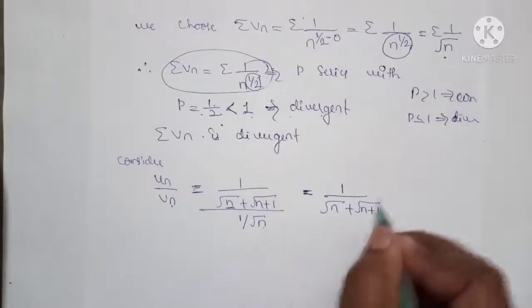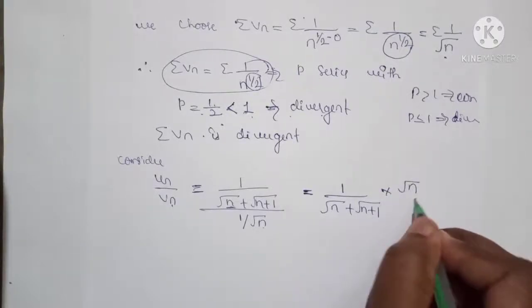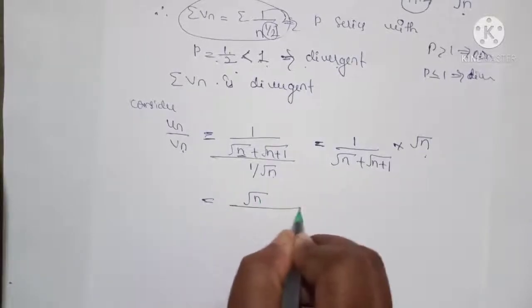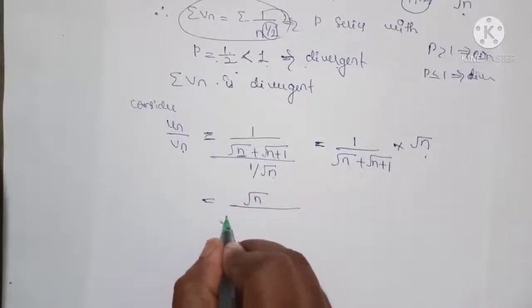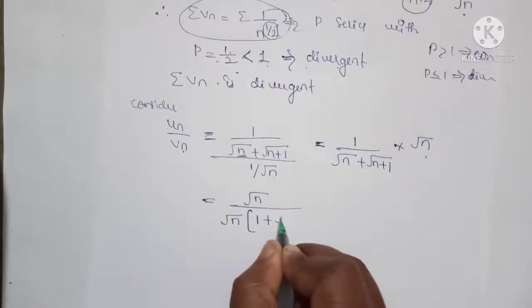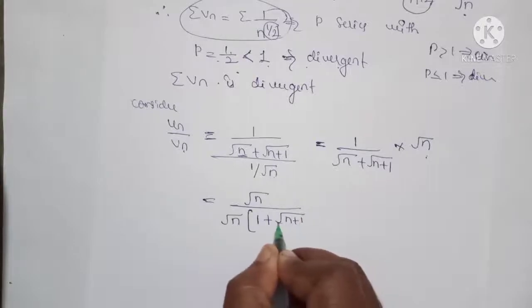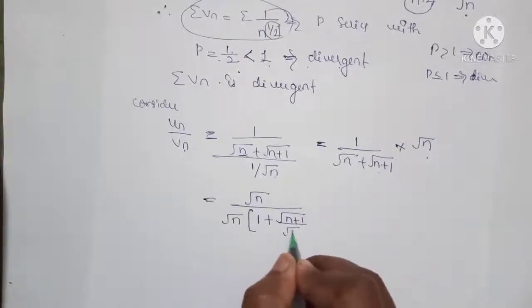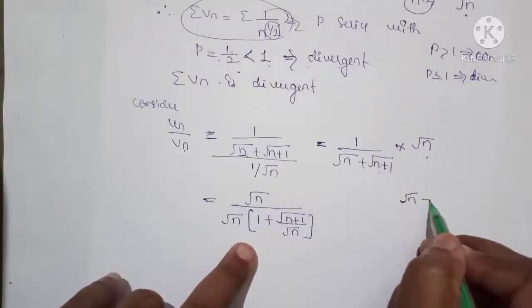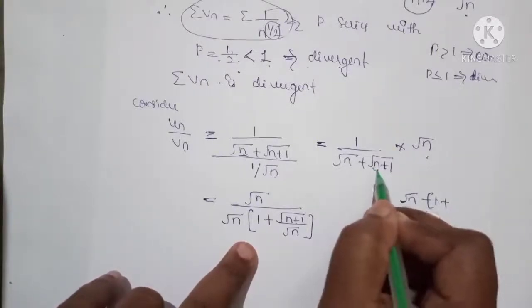Multiplying this you will get root n by 1, which is simply root n. Or it can be written as root n divided by, in the denominator we take root n common here. So then we get 1 plus root n plus 1 remains the same. Don't write it here like that: after taking root n common we get 1 plus 1, because root n is present.